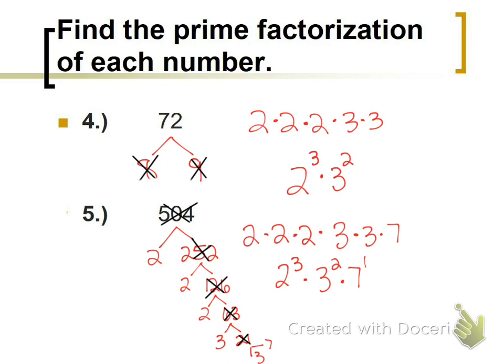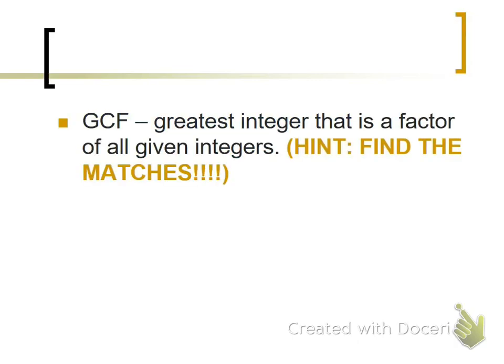All right, we're on to the back. A GCF, also known as a greatest common factor, is the greatest integer that is a factor of all given integers.